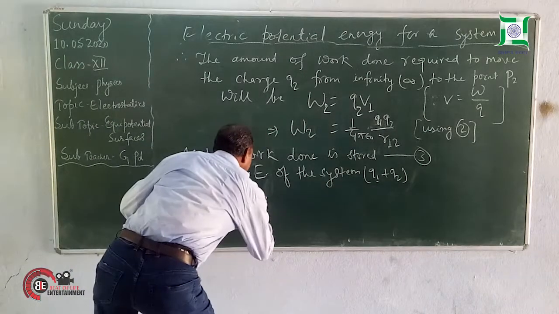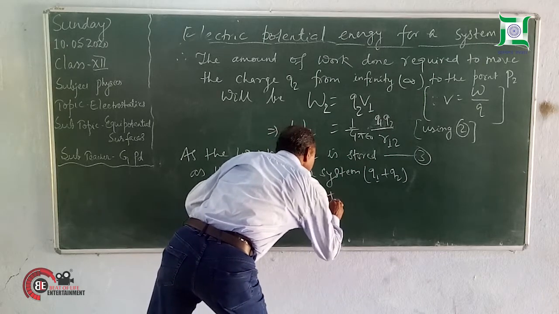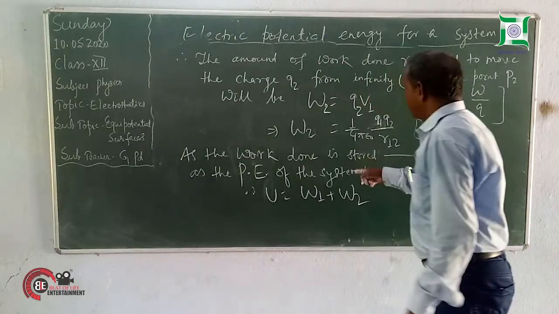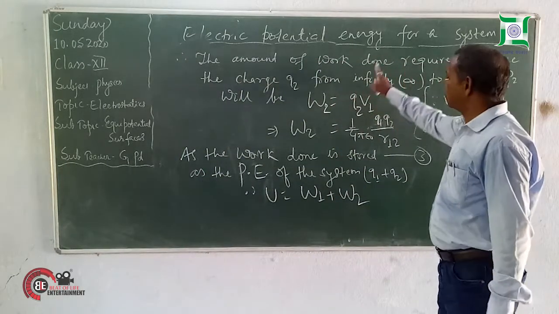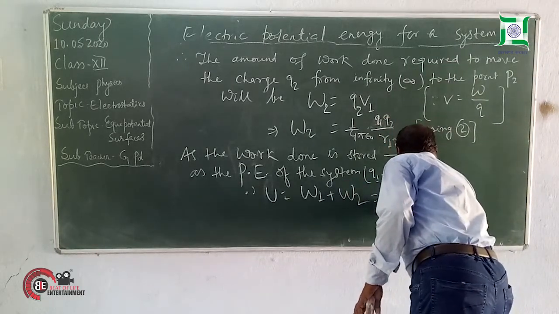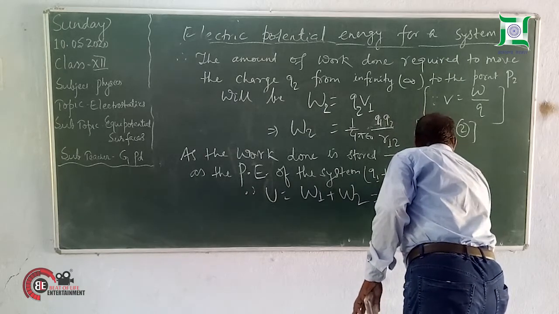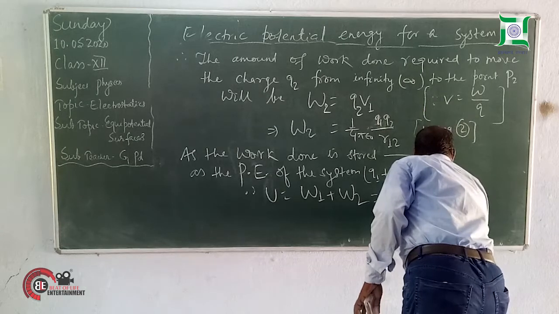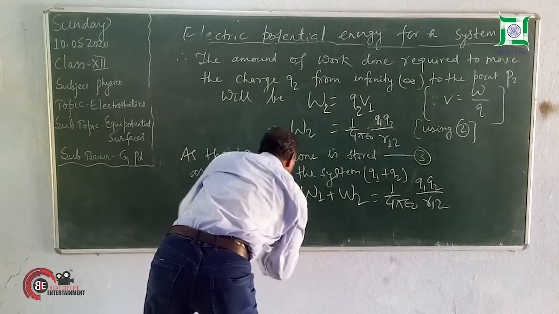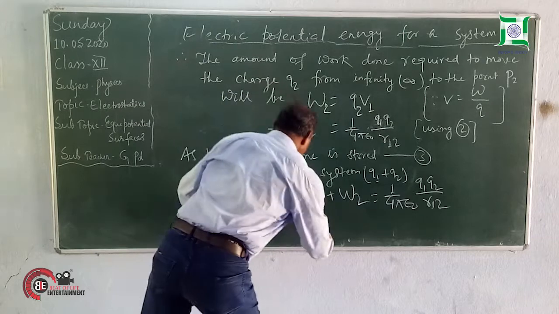So we can write U, the potential energy, is equal to W1 plus W2, and since W1 is equal to 0, it will be equal to 1 by 4 pi epsilon naught into Q1 Q2 by r12.